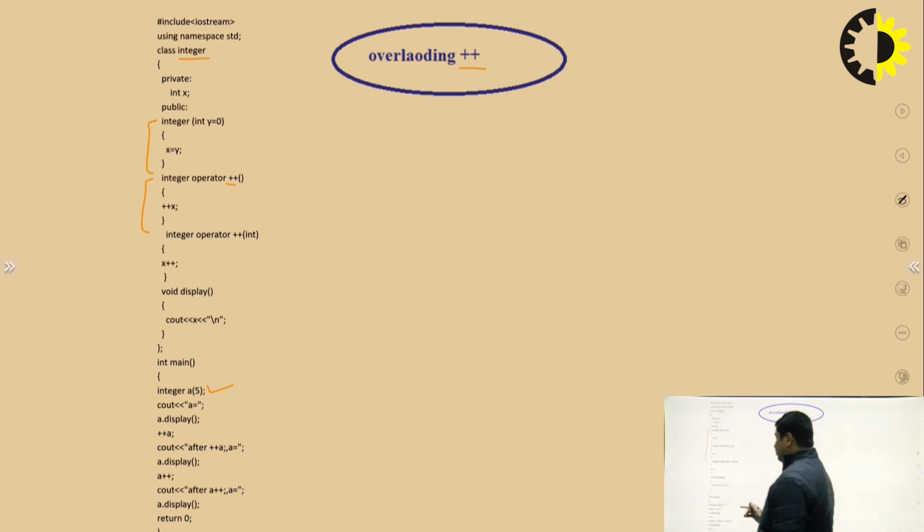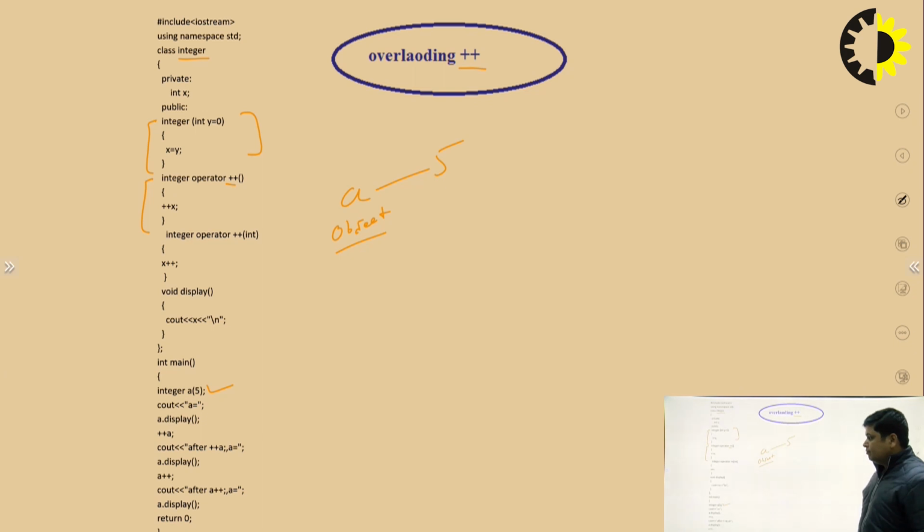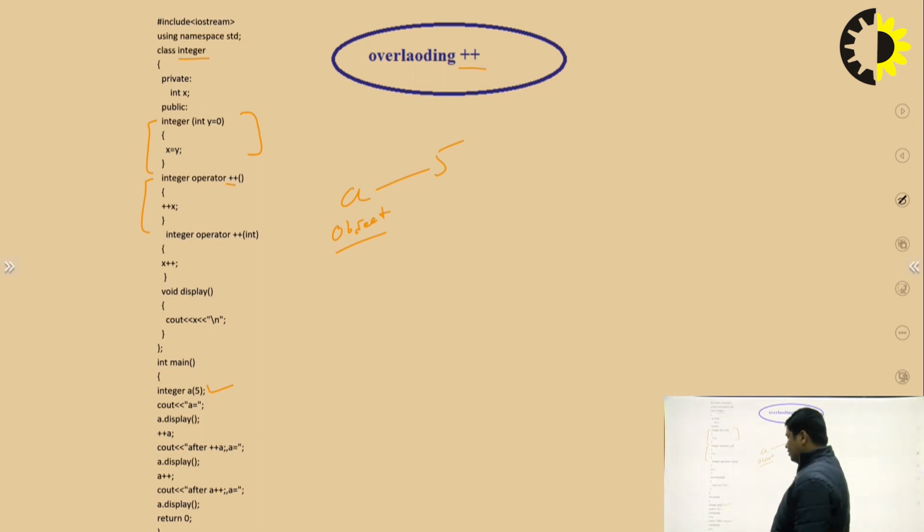In that scenario, this piece of code will be executed, and in A's reference, what is the value of x? x will become 5. Similarly, a equal a dot display will be printed. A dot display, what is the value of x? In A's reference the value of x is 5. You will see here.